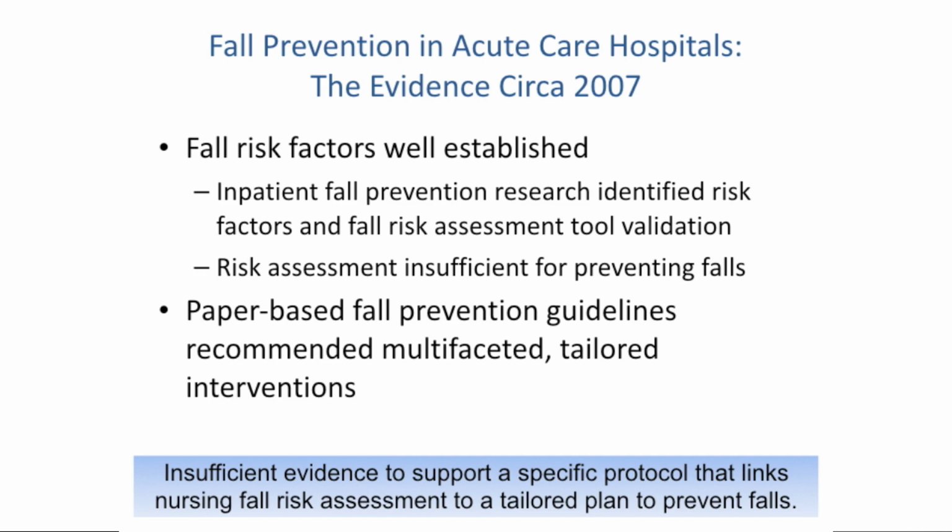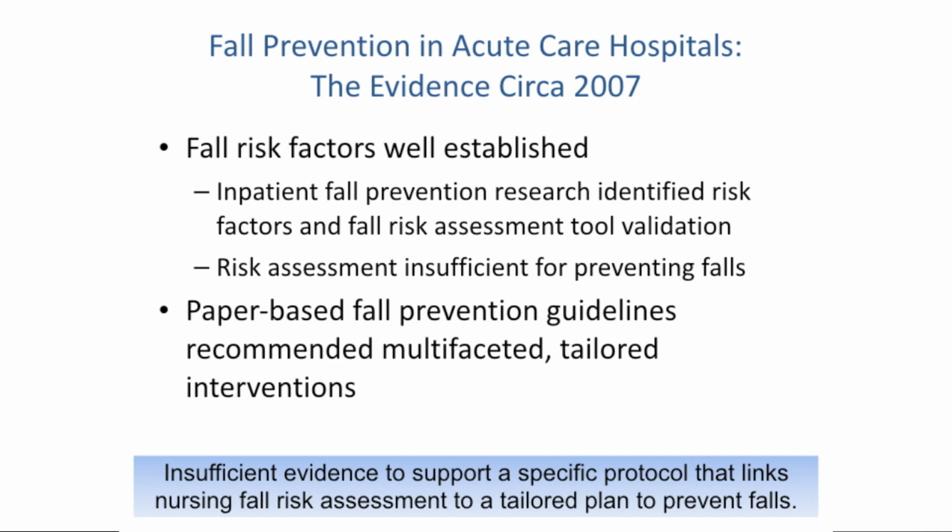Our original Fall Tips study was conducted from 2007 to 2009. And so when I talk about the Fall Tips program, I like to bring people back to 2007 and talk about what was available in terms of fall prevention research and evidence at that time. So in 2007, before we had done Fall Tips, the risk factors were well established.